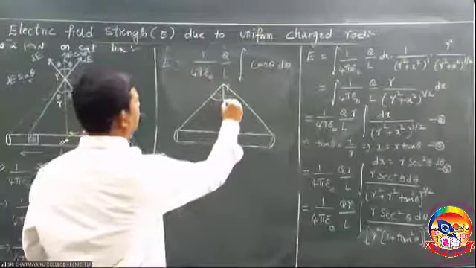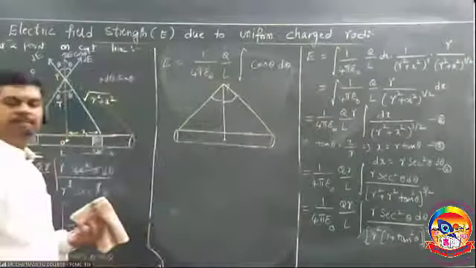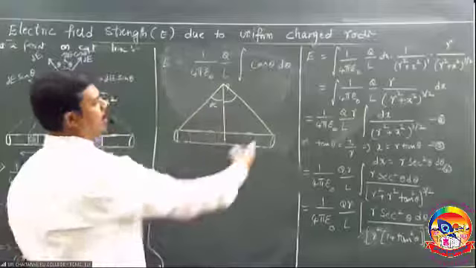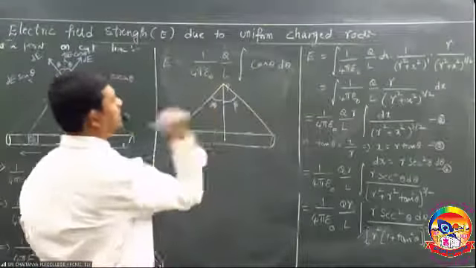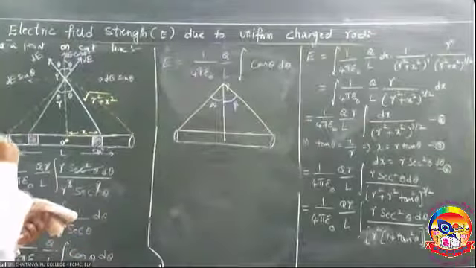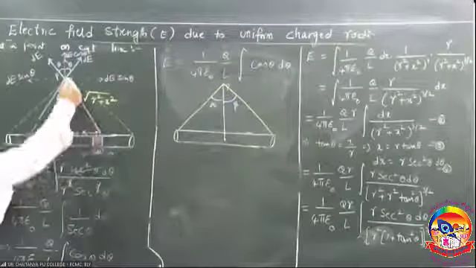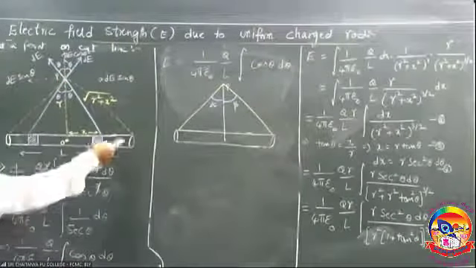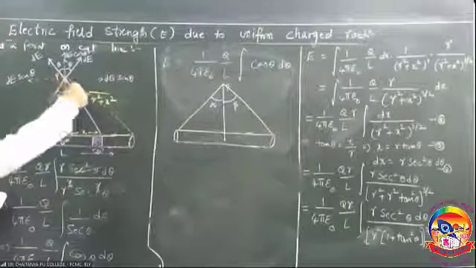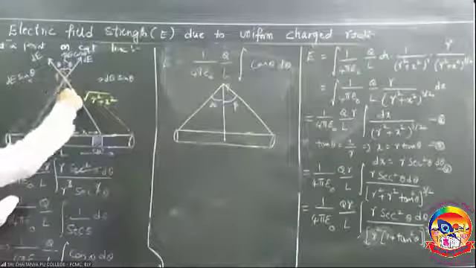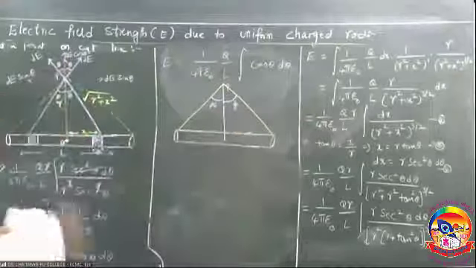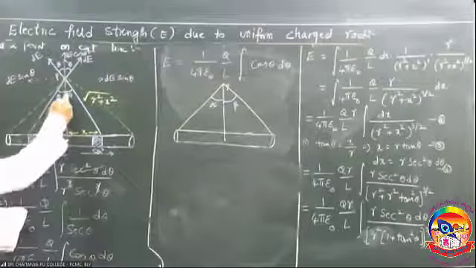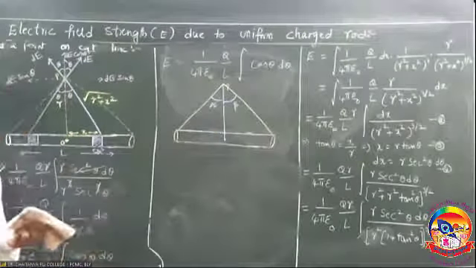Angle made by this, let us say alpha. Angle made by this, let us say beta. So now this line is making an angle theta. So limit means from the end: this end joining line with P making some angle beta, this end making an angle alpha. So alpha and beta are the limits.